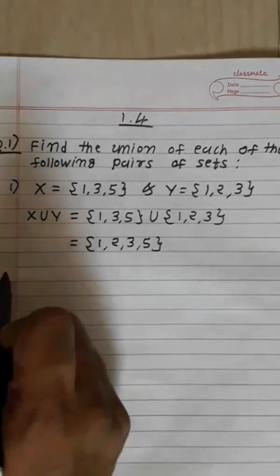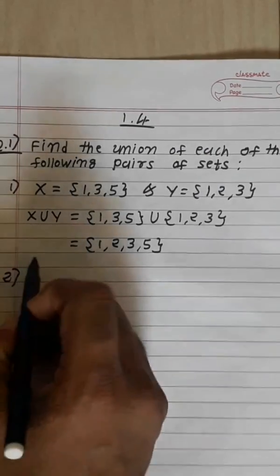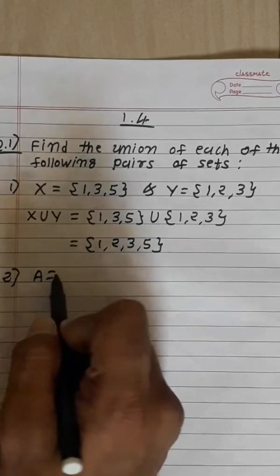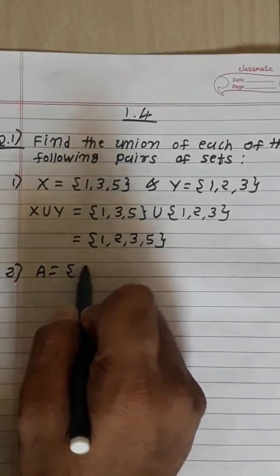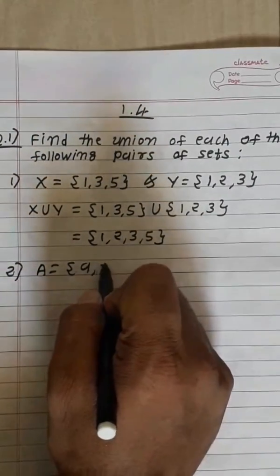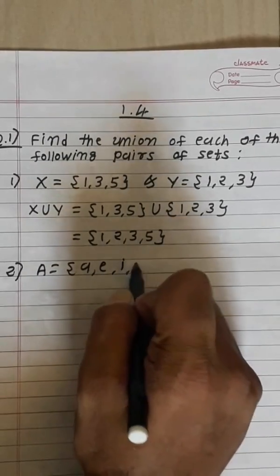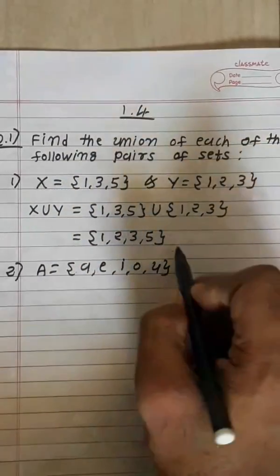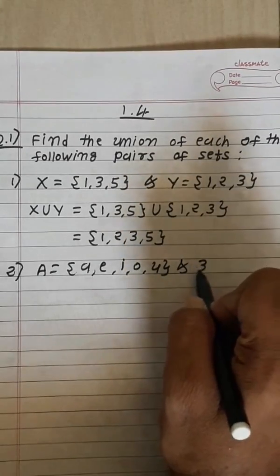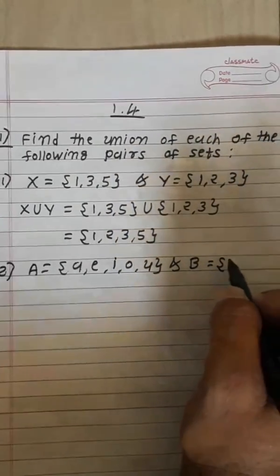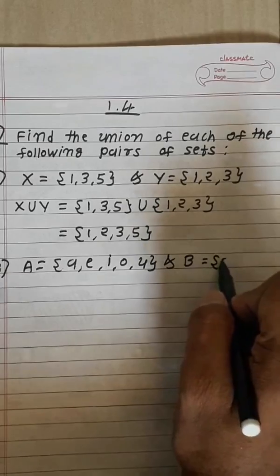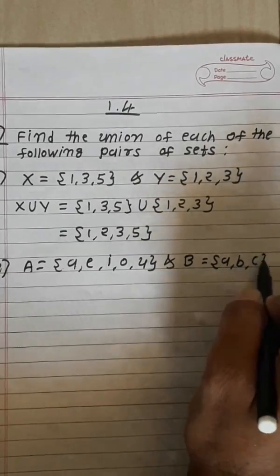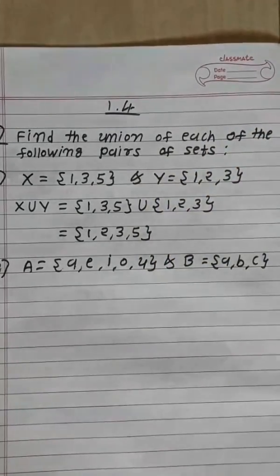Next, the second one. A is equal to the set of a, e, i, o, u, and B is equal to the set of a, b, c.